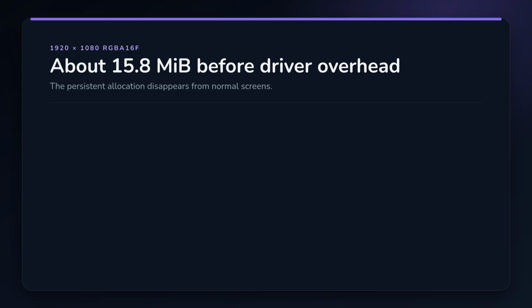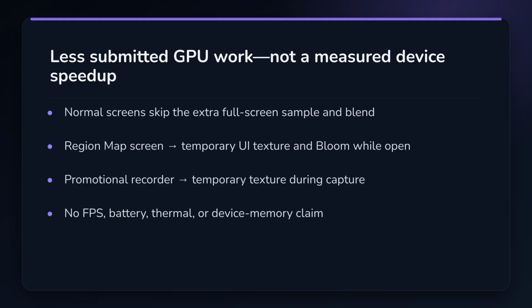At 1920 by 1080, the old floating point UI texture contains roughly 16 megabytes of pixel data before driver-specific overhead. Normal screens no longer keep that allocation alive, and they no longer perform the additional full-screen texture sample and blend every frame. That should reduce memory traffic, especially on mobile and integrated graphics, but we have not measured a frame rate or battery improvement.